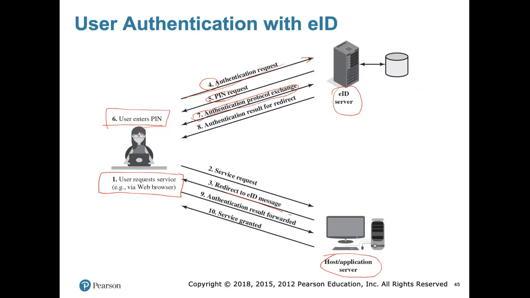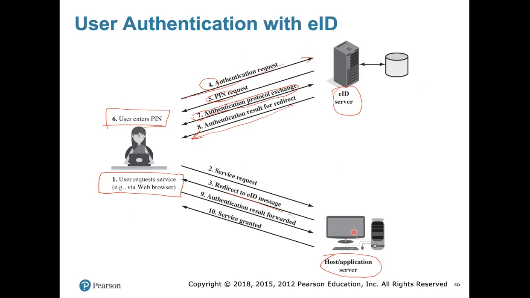There might be multiple steps here, or not. No, just asking for the PIN and that's it. And then the server conducts the authentication protocol. Once the server finishes the authentication, the result of the authentication will be redirected to the host application.